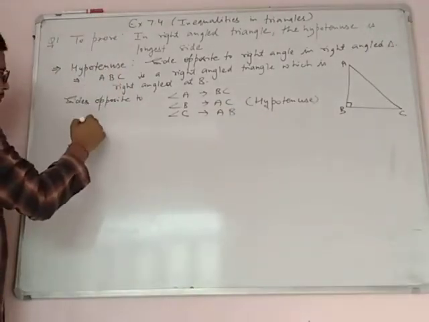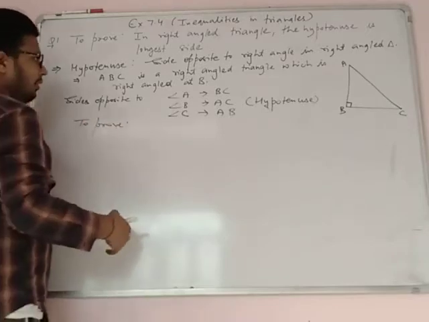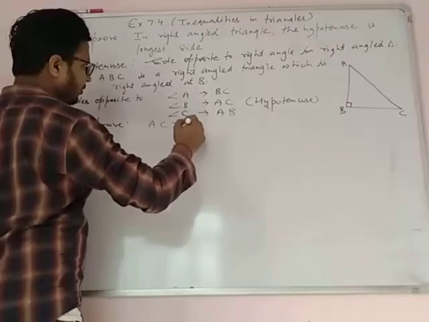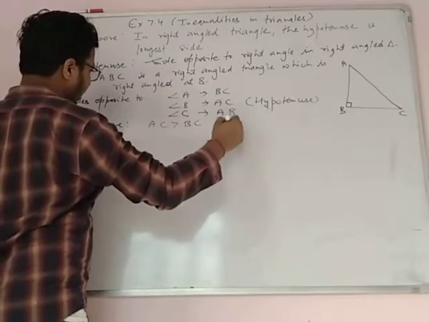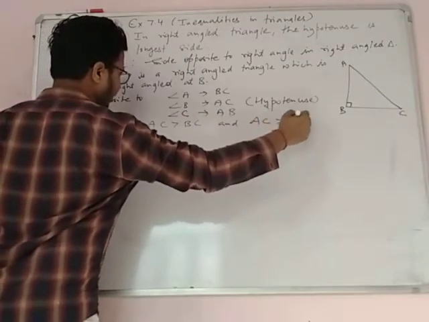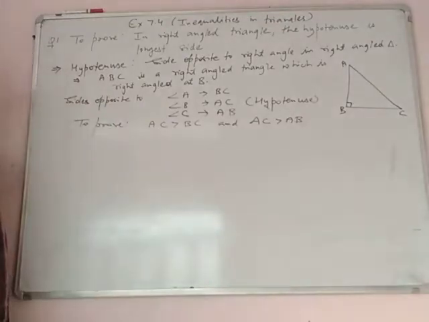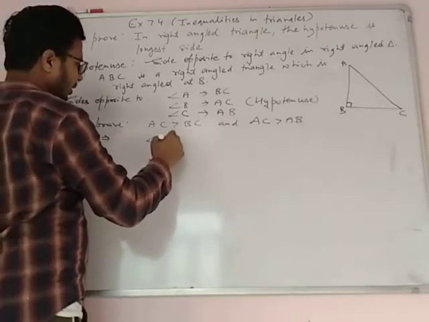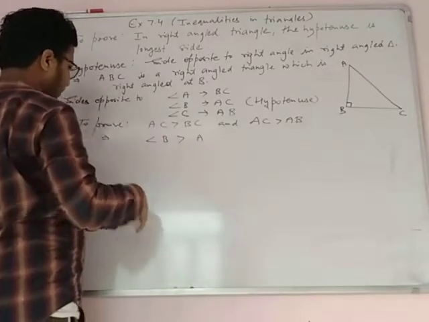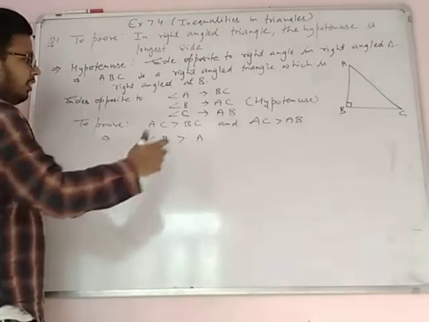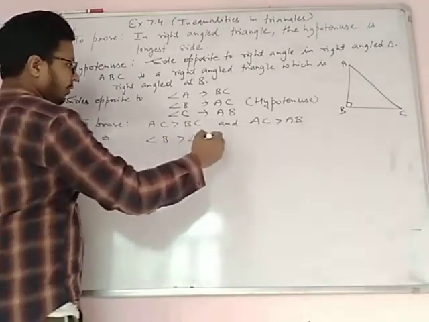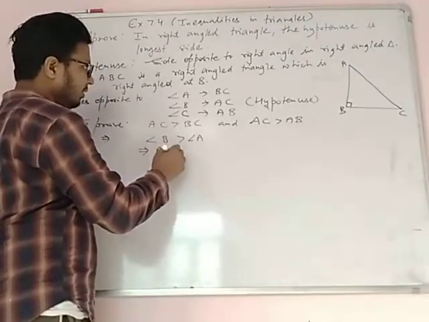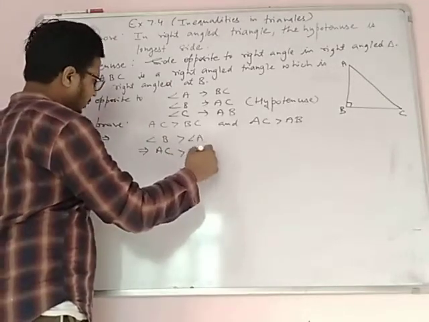Now what we have to prove is that AC is greater than BC and AC is also greater than AB. Now see, angle B is greater than angle A. Therefore, the side opposite to angle B, AC, is greater than BC.